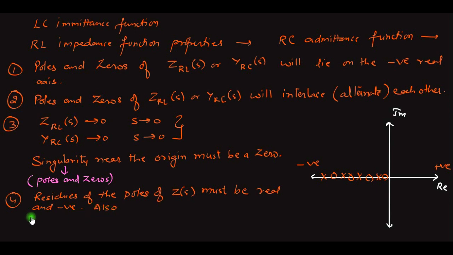Also, the residue of the poles of Z of S by S must be real and positive. We will discuss this property in some numericals. So let us now attempt some numericals to have better understanding of the properties of RL impedance function or RC admittance function.